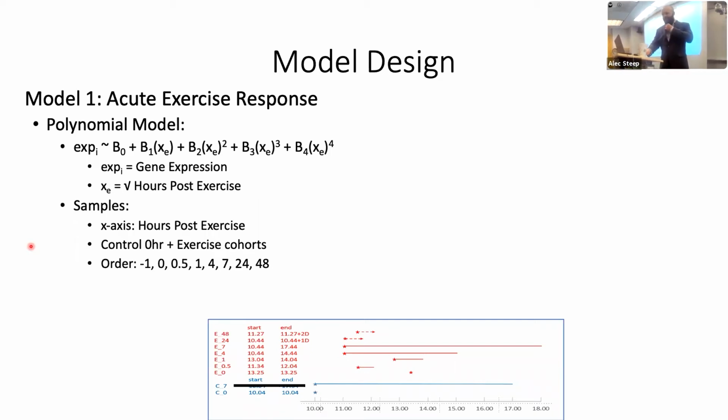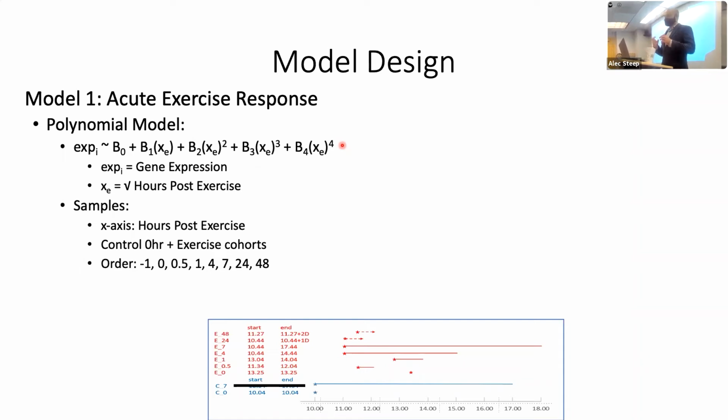Believe it or not, we're using a polynomial model. This has 5 parameters. It's a 4-degree polynomial model. We're modeling normalized gene expression, and we are using hours post-exercise for our X, but we've square rooted those. One of the reasons we square root it is because it's a 4-degree polynomial, and we have hours post-exercise that go all the way up to 48 hours.